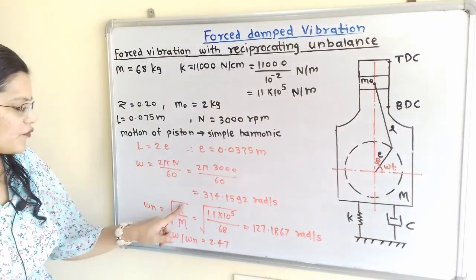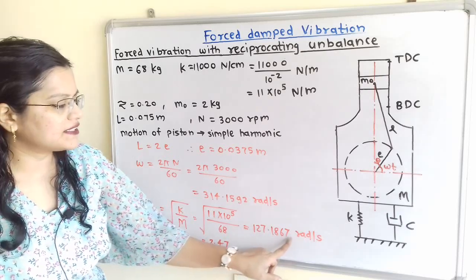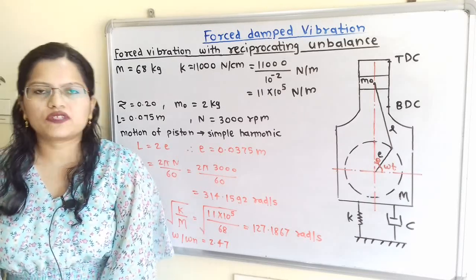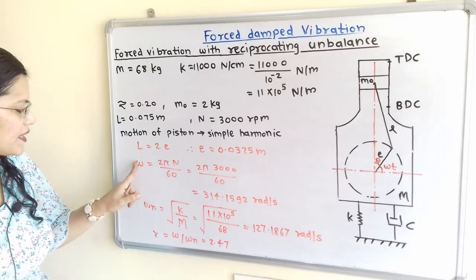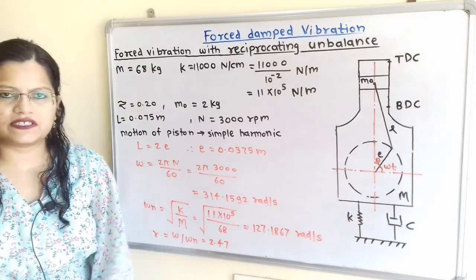When we put the values, we get 127.1867 radians per second. Now we will find the frequency ratio r. r is equal to omega by omega n, and r is equal to 2.47.